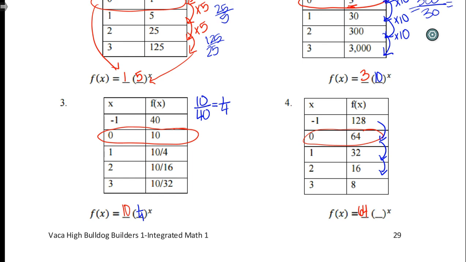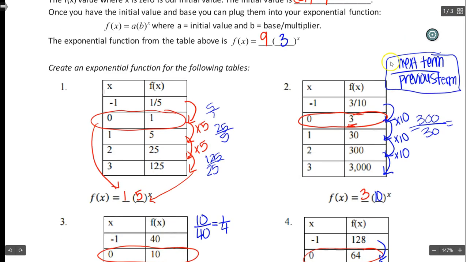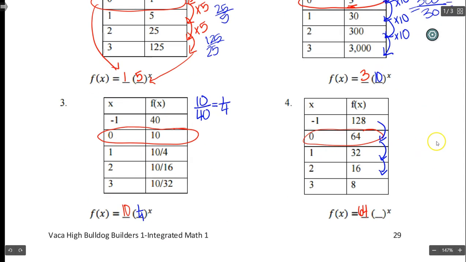So this is very similar to geometric sequences. Your multiplier is not 2. So let's go ahead and use that formula of the next term divided by the previous term. Let's just do 32 divided by 64. And it could have been any pair that you selected. Okay, 32, 64, and that does simplify.